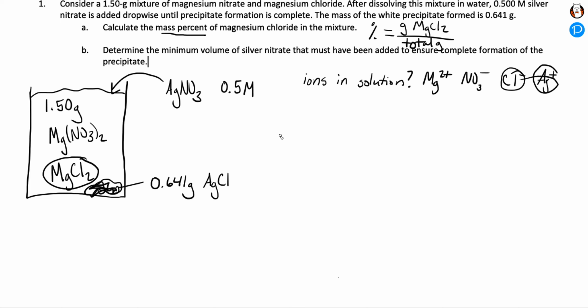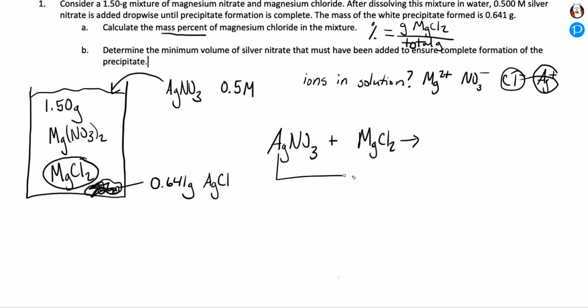But before I do that, I need to write out the balanced equation, because if I don't have the balanced equation for the reaction between this and this to make this, I'm not going to be able to convert between those things if I don't have the balanced reaction. So I'm going to write out that we've got AgNO3 plus MgCl2 to make.